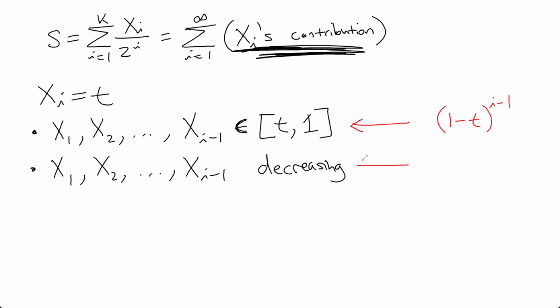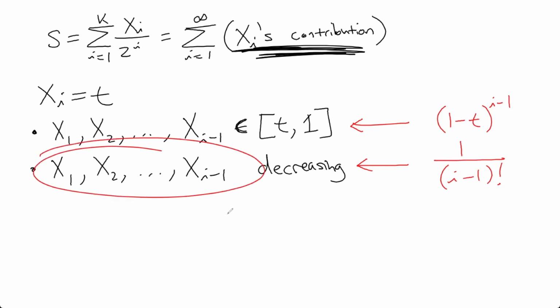For the second part, if I want x sub 1 up to x sub i minus 1 to be decreasing, the probability that that occurs is just 1 over i minus 1 factorial. Because there are i minus 1 factorial permutations of this sequence, and only one of those permutations will be decreasing. By exchangeability, each permutation is equally likely.